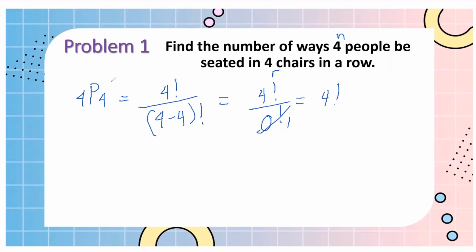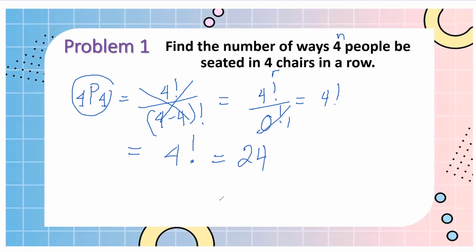So, whenever you see that N and R are the same, no need to do this. Simply go to your calculator and do this. I-press nyo yung 4 and press factorial, ano sagot dyan? 4 shift tapos inverse x, 24 yung sagot. Tama?